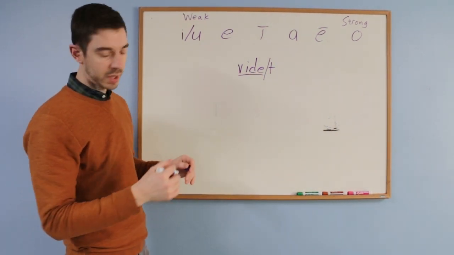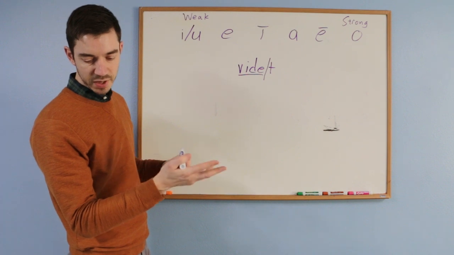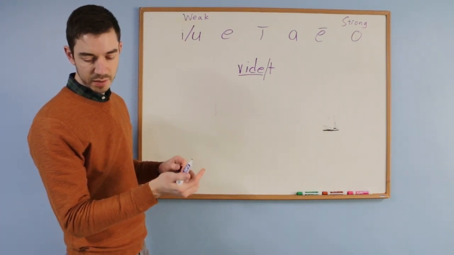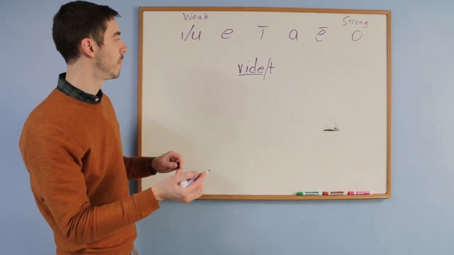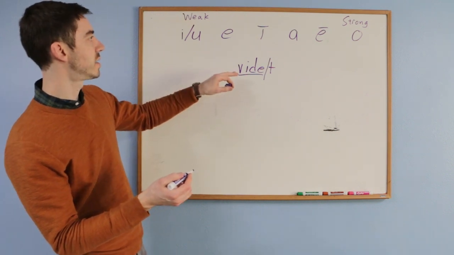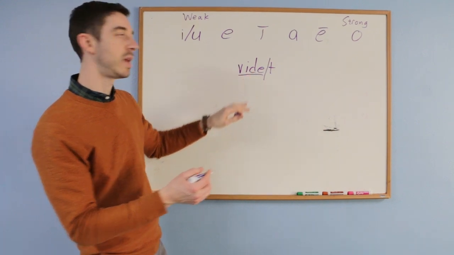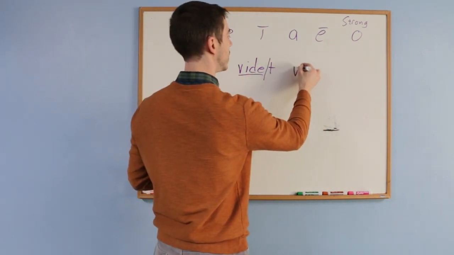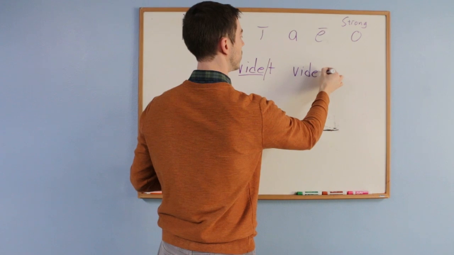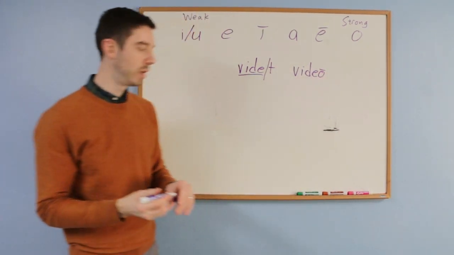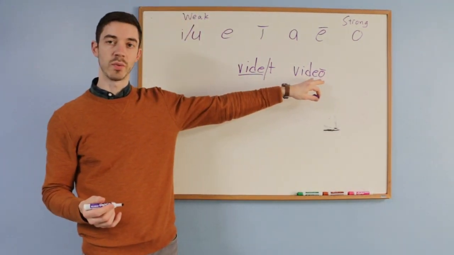And so then it becomes video, vides, videt, videmus, videtis, and vident. In this case, even though O is stronger, we do still keep the E in first person singular. So it does still become video, which looks like video, right?